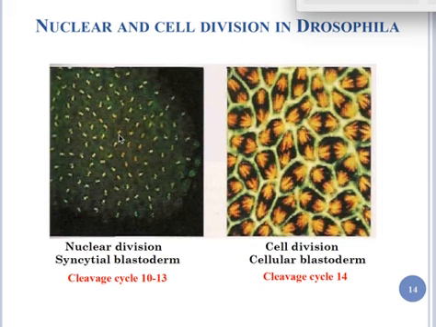Here we see only the nuclei, while here the nuclei are surrounded by cell membranes, since they have done an immunostaining with actin, which is a main component of the cell membranes. We can see that all of these nuclei are surrounded by cell membranes. It means the embryo nuclei have been cellularized.